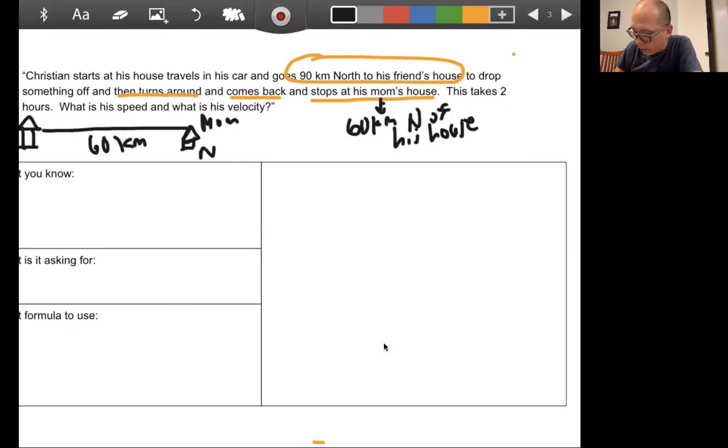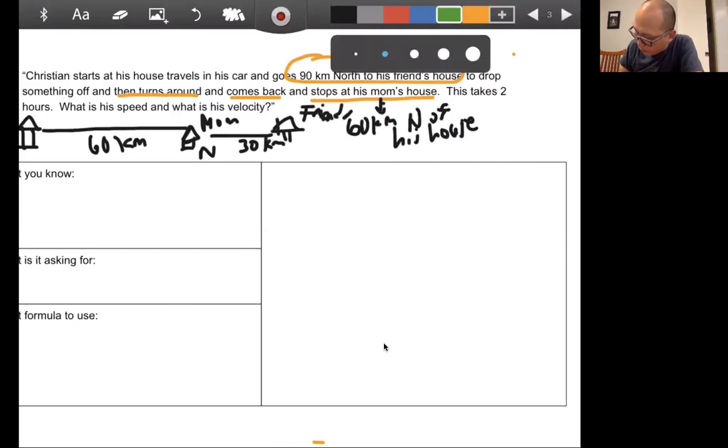But what I wanted was I wanted him to stop off first before he went there. I wanted him to stop at his friend's house. I just forgot to add that into the problem. Okay, I wanted him to stop at his friend's house first. Oh, can't write friends here, all right?